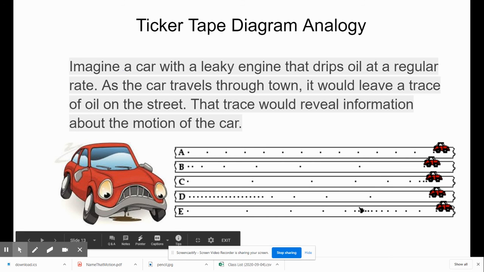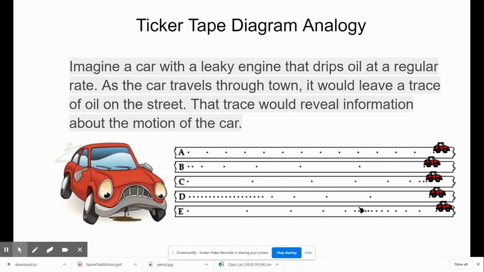Now, we're still not done. There is a type of graph that is very commonly used to show acceleration, and these are called ticker tape diagrams or ticker tape graphs, and we have seen them appearing on some standardized tests that were released to us.